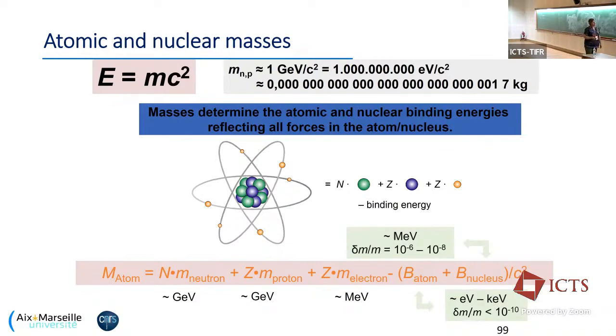And the binding energies are of the order of something between the electron volt and the mega electron volt. And if you really want to measure down to these levels, if you want to have a resolution between these values, you need to measure masses at least down to the 10 to the minus 10 regime in order to be able to distinguish these binding energies with respect to these masses.